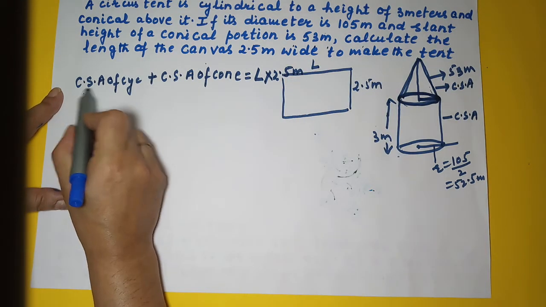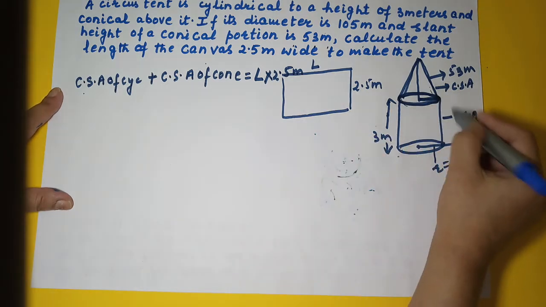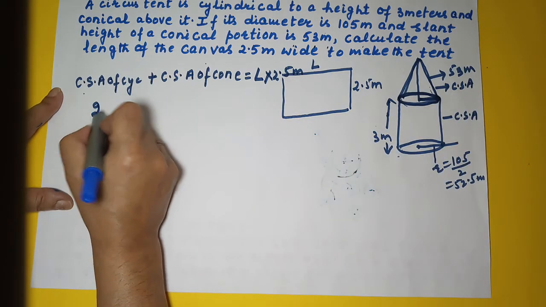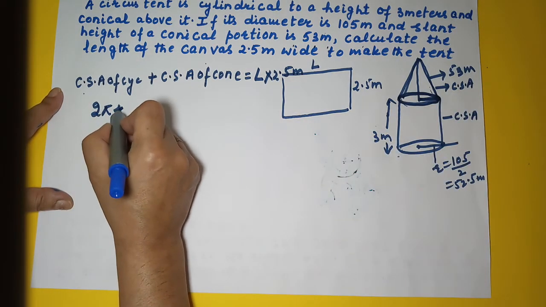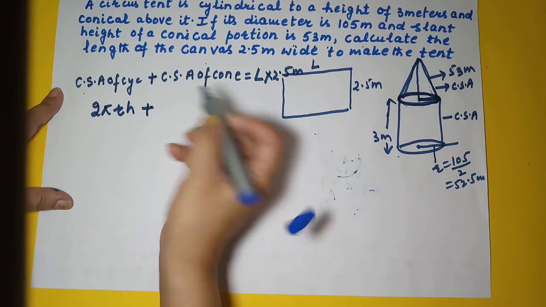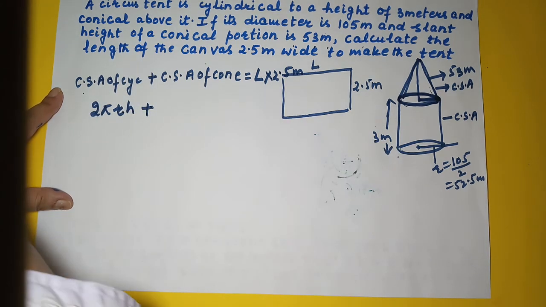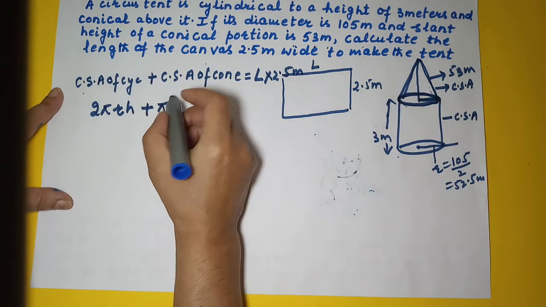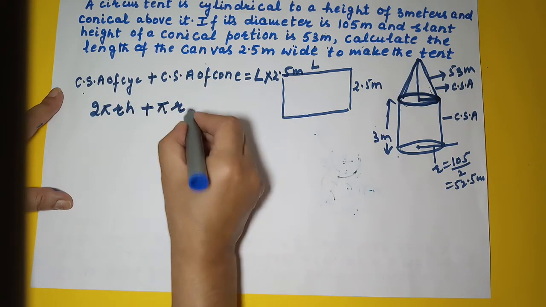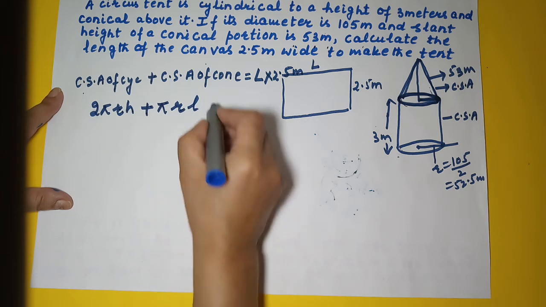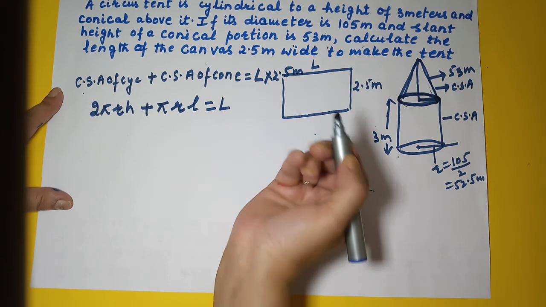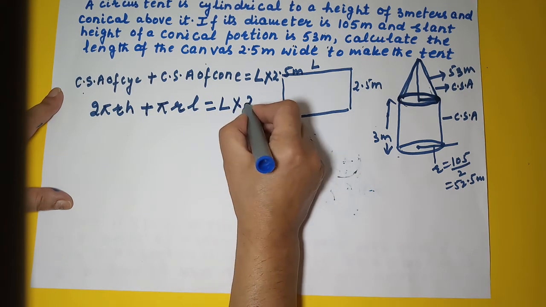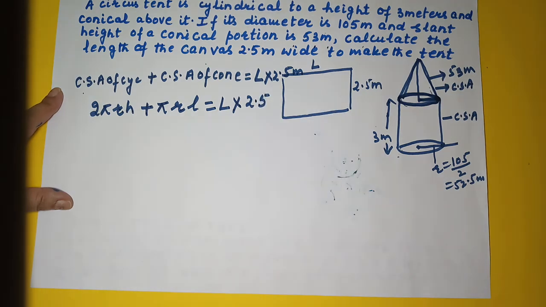Now what is the CSA of the cylindrical portion? We know that it is 2 pi r h plus, what is the curved surface area of the conical portion? It is pi r L. R is the same, and slant height L, equal to this length of the cloth into 2.5. Fine.